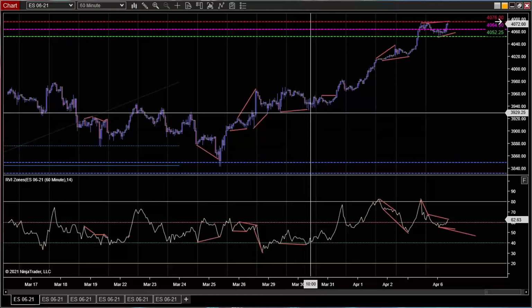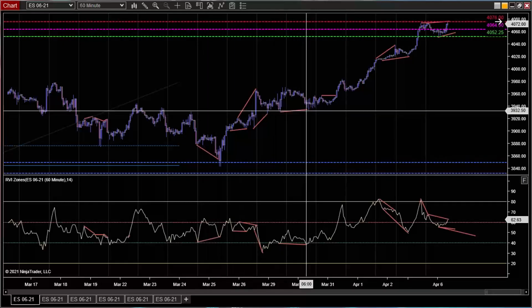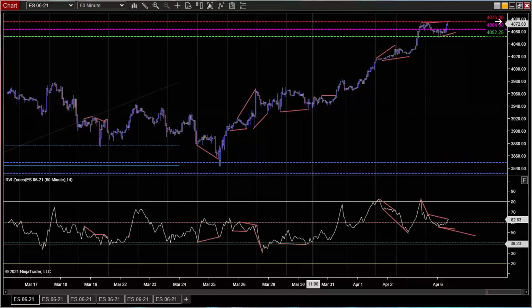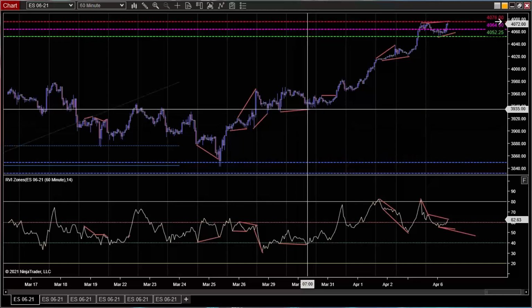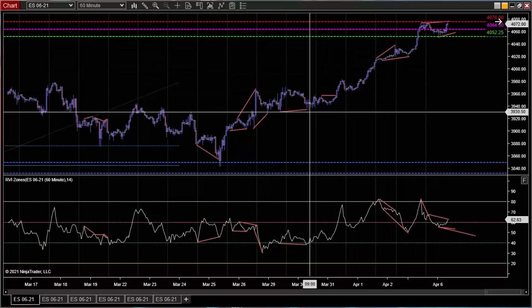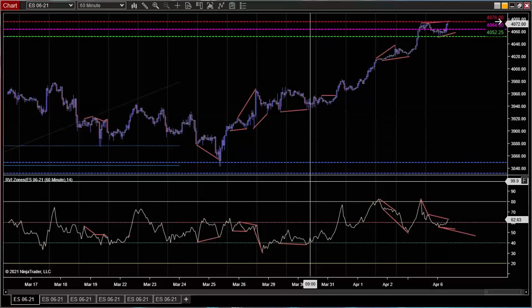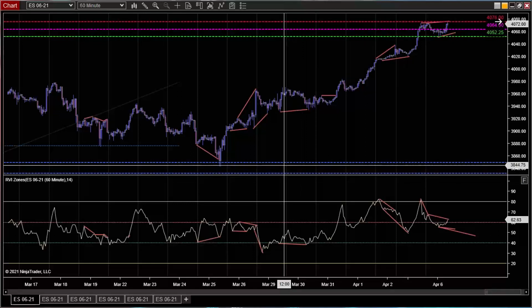So I might have a beautiful confluence in this area with some support and resistance, a nice prediction point lining up right there, and then I get this continuation pattern off the low looking at divergence, giving me a lot of confidence that from this area we should keep going. And not only that, have an entry in the market that literally for me takes on less than 2 points of risk on the ES.